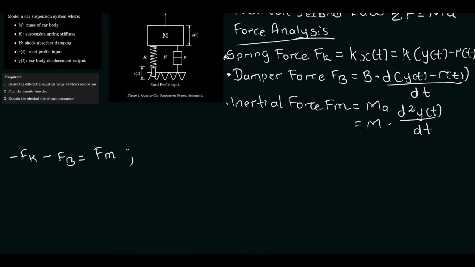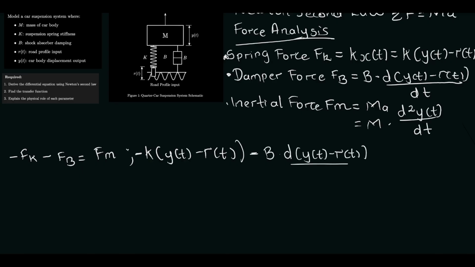So from this, our Fk is K(y(t) minus r(t)), minus, let's not forget the negative, B d(y(t) minus r(t)) over dt, equals your M multiplied by d squared y over dt squared.